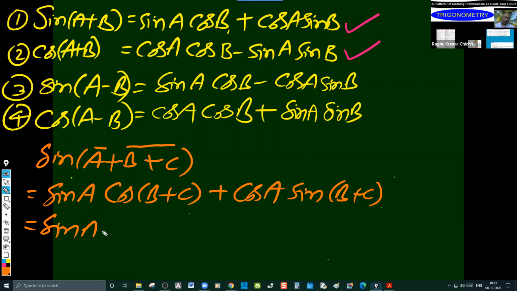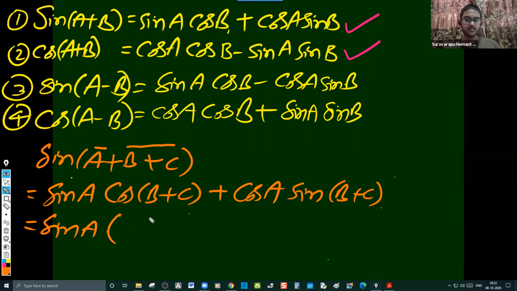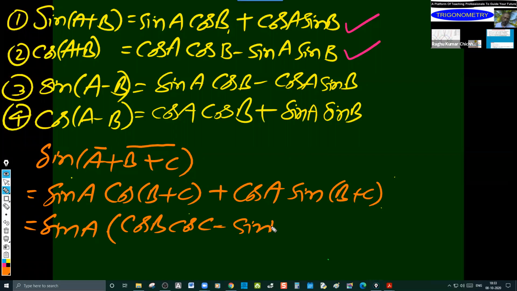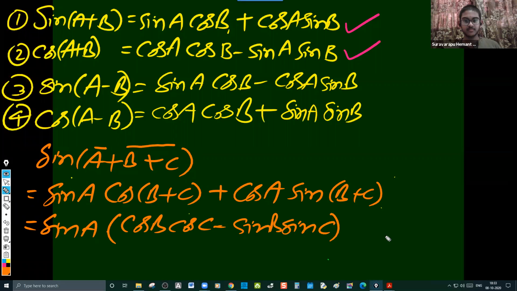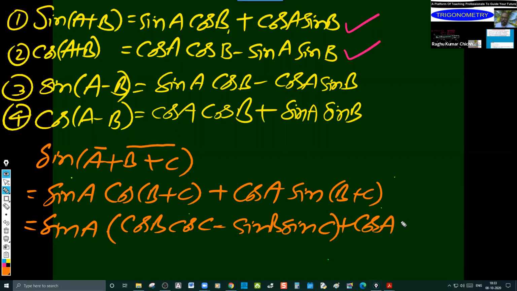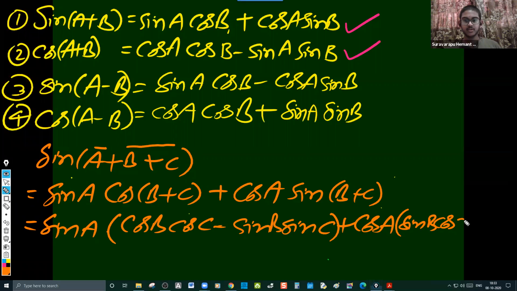Similarly, cos of B plus C, apply the formula for cos of B plus C: cos B cos C minus sin B sin C. Similarly, plus cos A into sine of B plus C formula: sin B cos C plus cos B sin C.